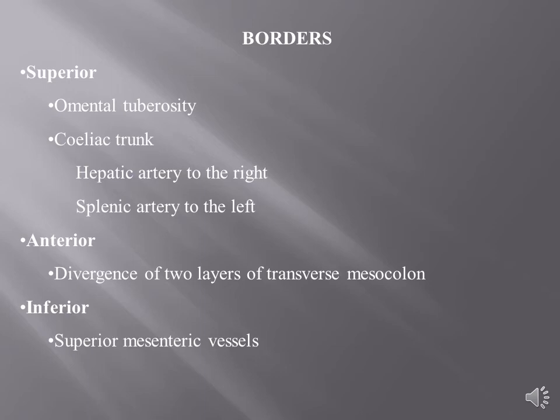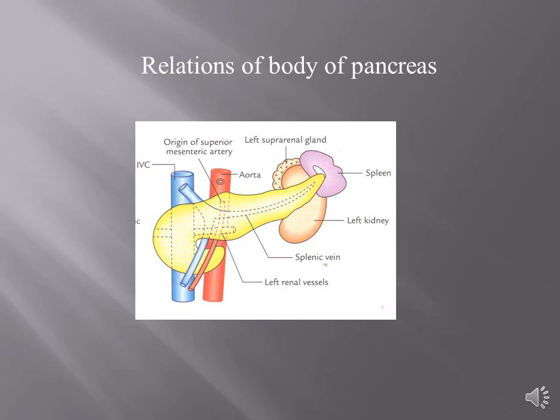Coming to the relation of the anterior border of the body of pancreas, anteriorly it is related with the divergence of two layers of the transverse mesocolon, and the inferior border is related with the superior mesenteric vessels. A very important relation. Here we can see certain relations of the body of pancreas.